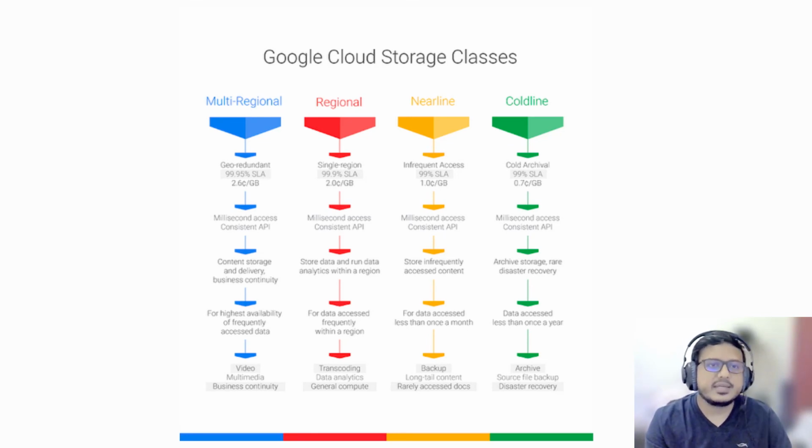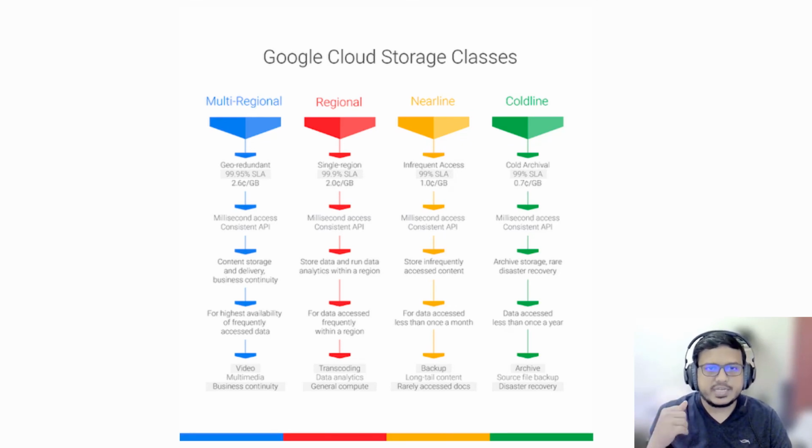And then you can add permissions to your buckets by using ACLs or access control lists. You can use IAM roles to grant access to buckets. All right, so to manage permissions of your cloud storage, it is good to use IAM roles, but IAM roles are for project or bucket-wide permissions.